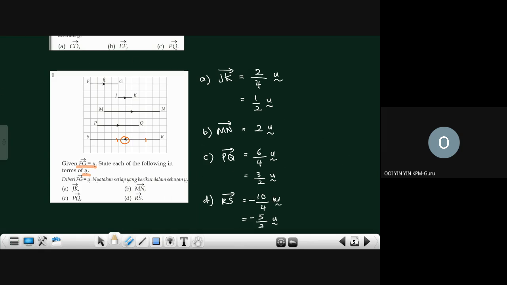Okay, now this one is very important, because later you are going to need to use this knowledge at the problem solving questions that need calculation. Don't think it's that easy. Actually you have to learn this well and be clear. You must get to know when you have to put your negative, and then how to find your JK, how many unit. This one compared to that one is how much, you can write it out, because this knowledge you are going to need later on.